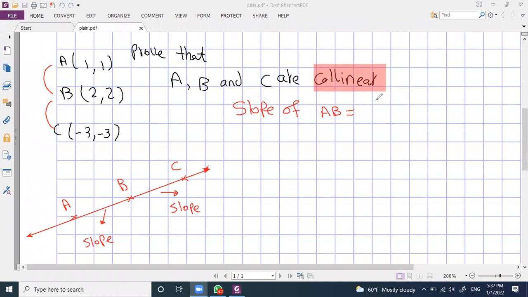It will be 2 minus 1 over 2 minus 1. Yes, so it's 1 over 1. The slope is 1.